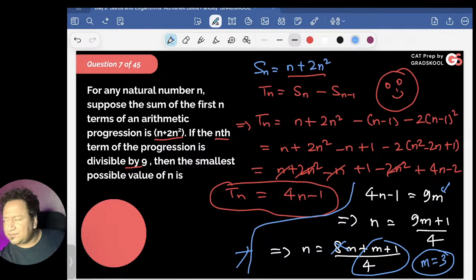But now you can do this in not more than 10 seconds. This is very, very helpful.